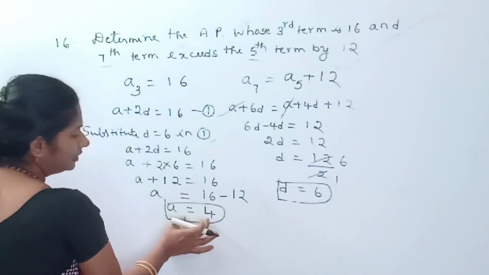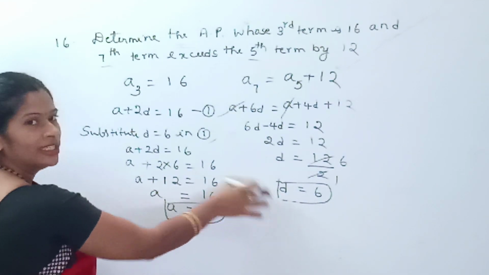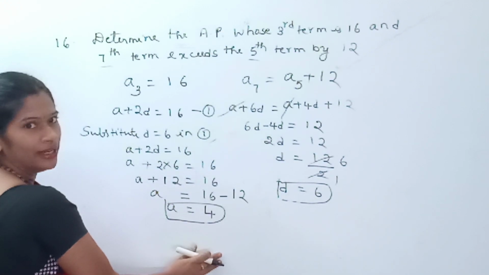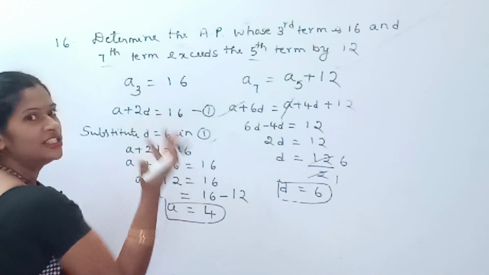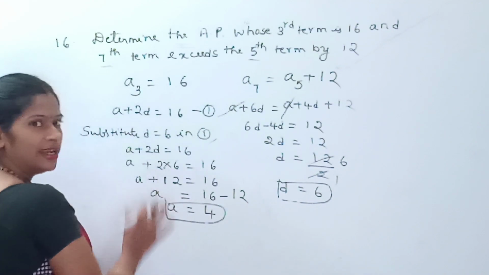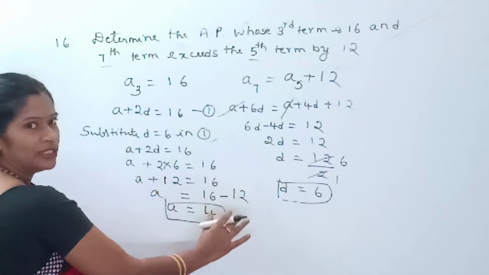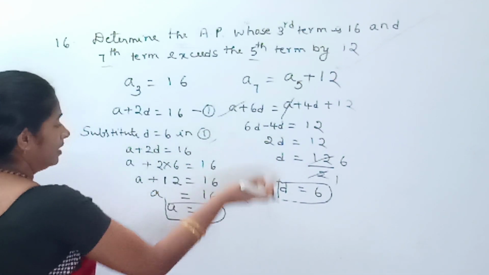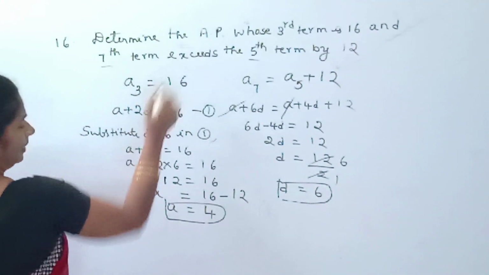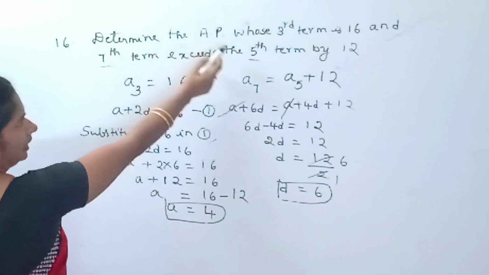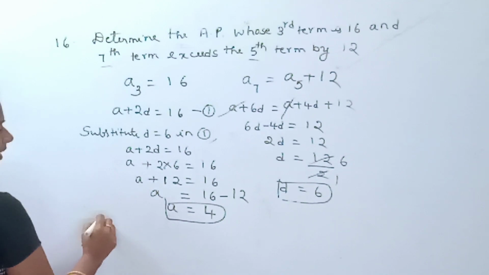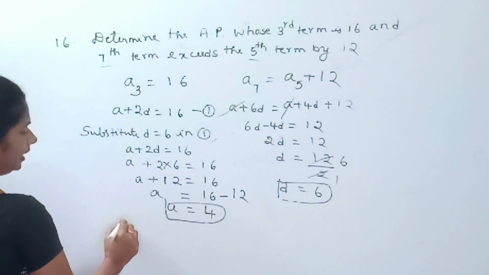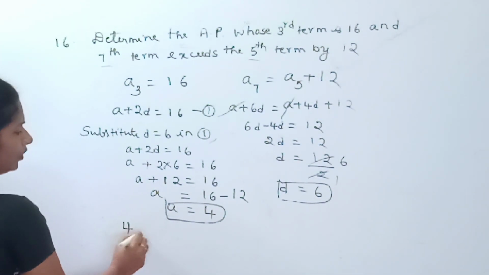Now once you get the A value and D value, then you can write the terms of an AP, isn't it? So what is the general form of an AP, children? A, A plus D, A plus 2D and so on. Now let us write the AP. Therefore determine the AP they have asked. First term is A, 4.